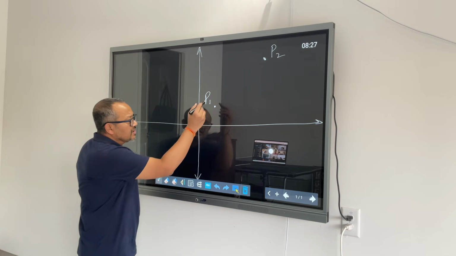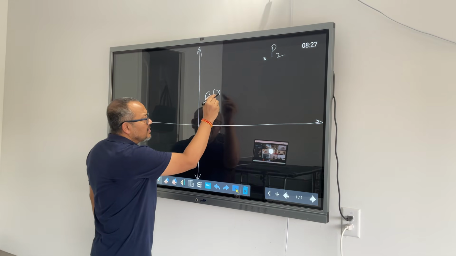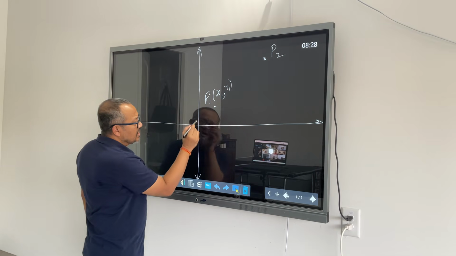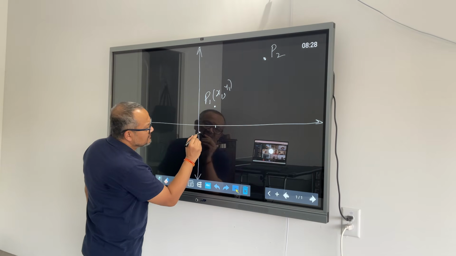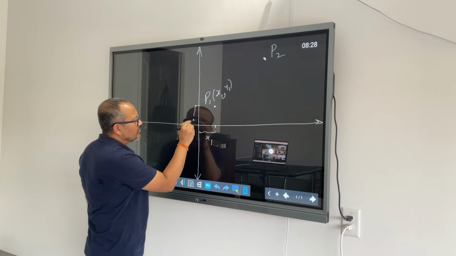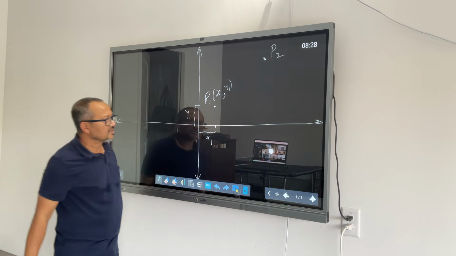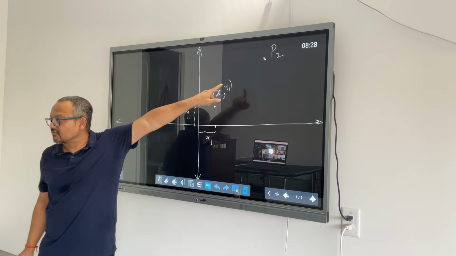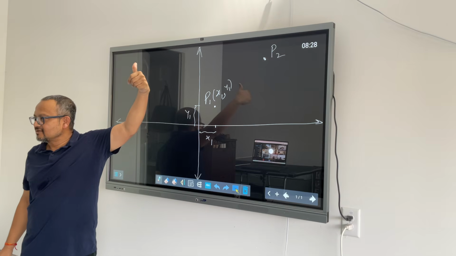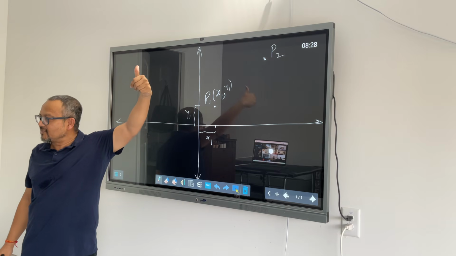Any point in the coordinate plane will have some value for x coordinate, some value for y coordinate, meaning this distance from here to here is x1, and this distance along the y-axis is y1. That's why the coordinate of this point is x1, y1. Are you guys with me so far? Confidently with me?